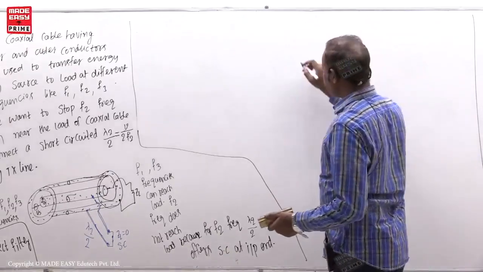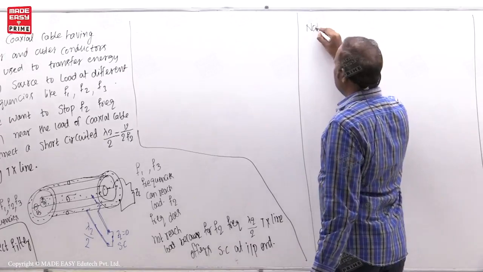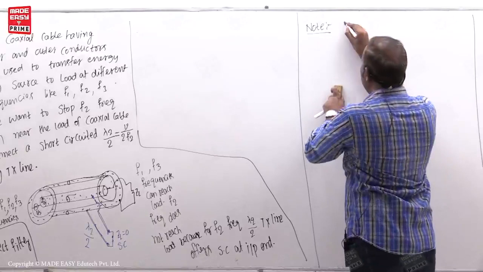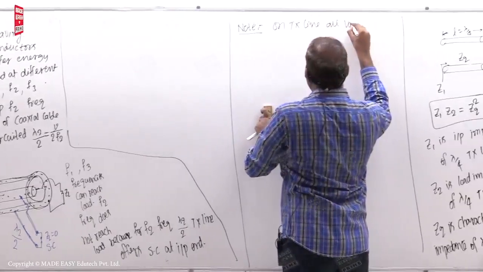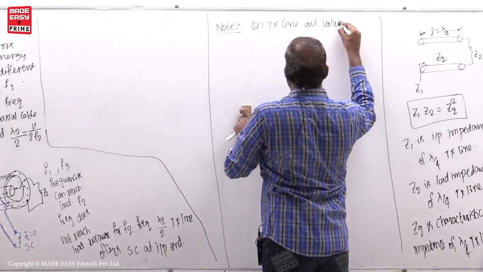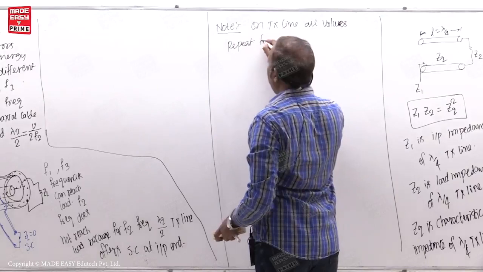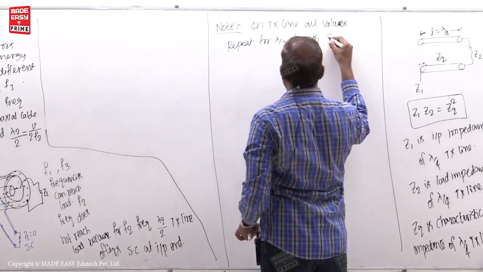On a transmission line, all values repeat for lambda by 2 length.